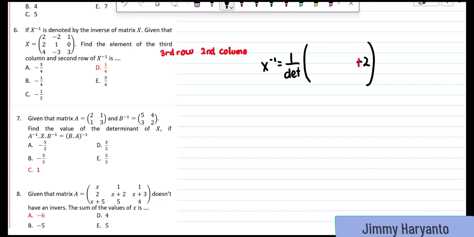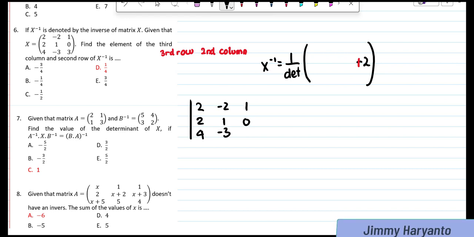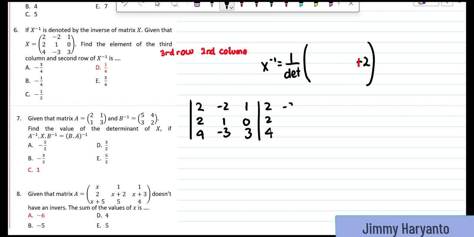Sorry, the determinant will be 2, 2, 4, -2, 1, -3, 1, 0, 3, and then you will copy the first 2 columns like this, and then you find the determinant. The determinant will be this, this, and this.